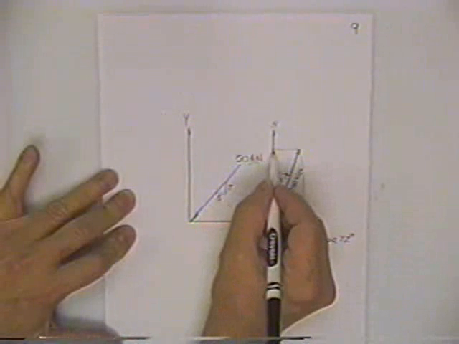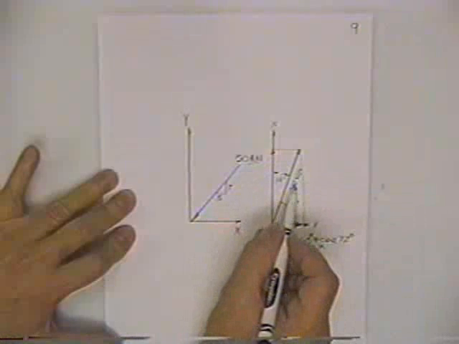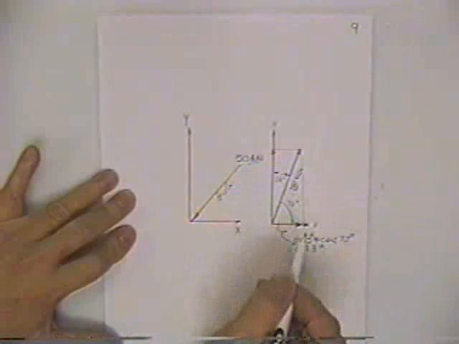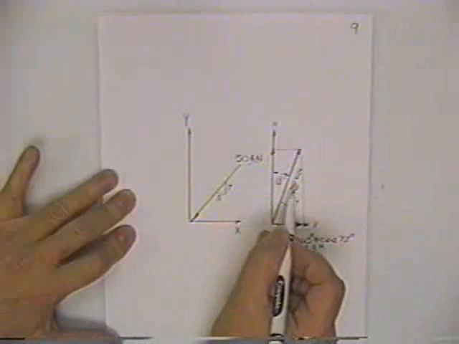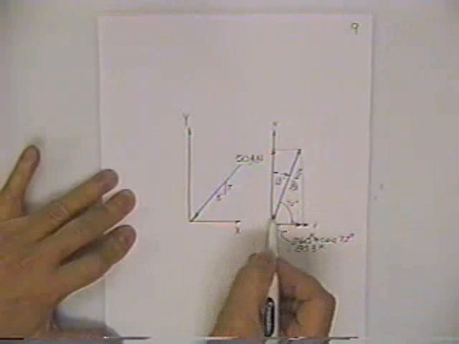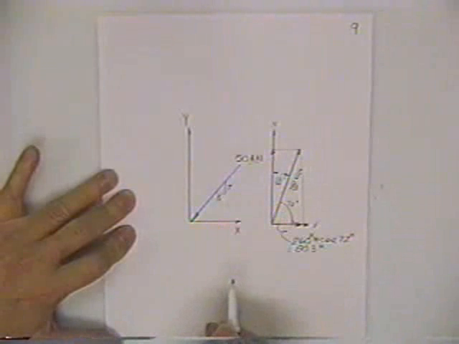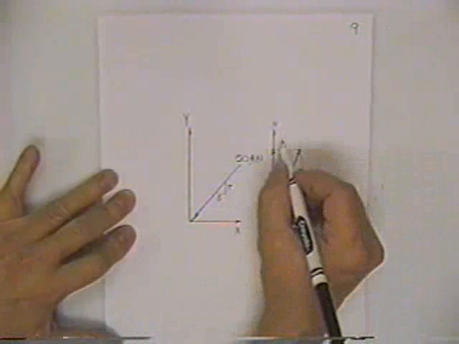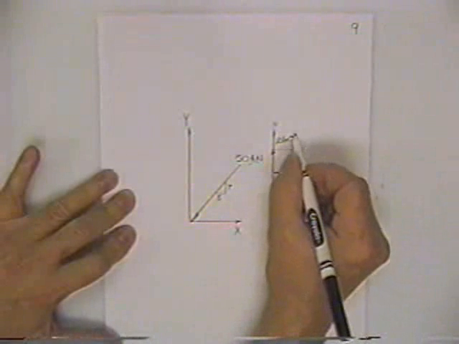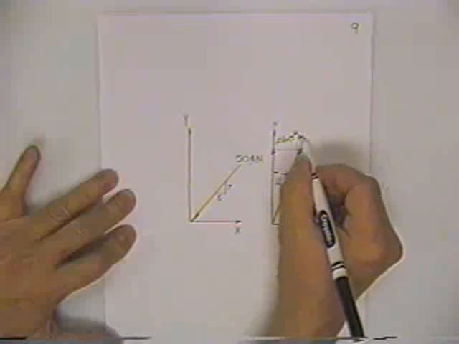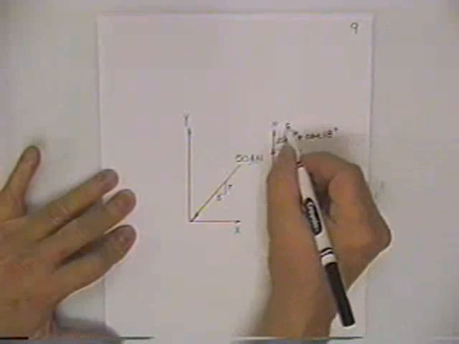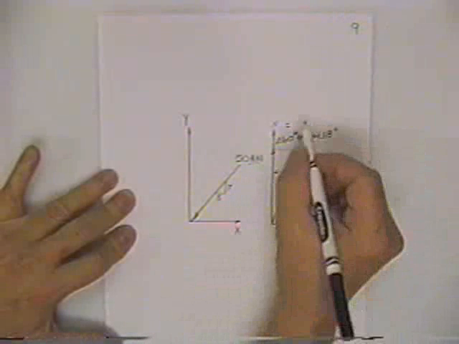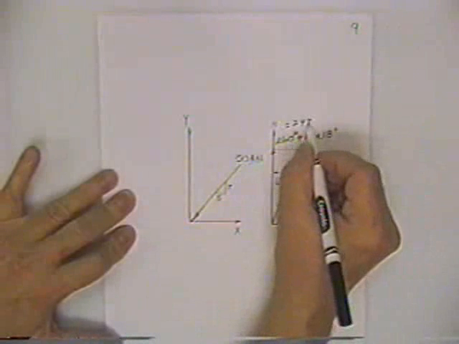To find the vertical component of the force, you'd multiply again the force you want the component of times the angle between the force and the axis upon which you want the projection, and that would be 260 kips multiplied times the cosine of 18 degrees for a total of 247.3.